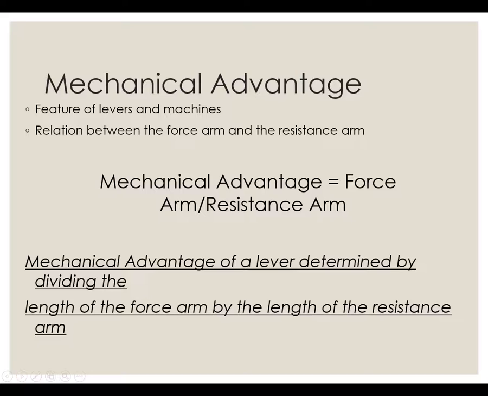Think about the fraction 4/2. As long as you come out with 2 as the answer, that's a positive number. If it were 1/2, that's 0.5. So you're not above the 1 mark, and so what you're seeing is not a mechanical advantage there.